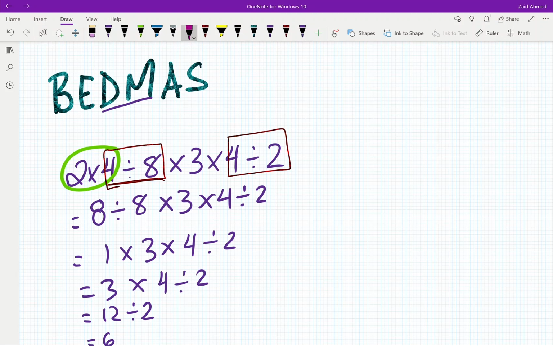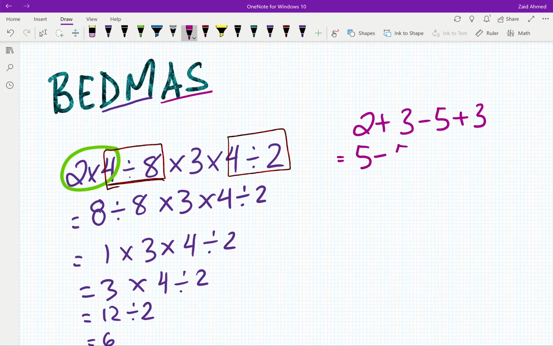The next one that we have is if addition and subtraction are there together. So let's say we had this. Now you don't have to do the addition first. You could, like if we had subtraction in the very first thing, you could have done that as well.